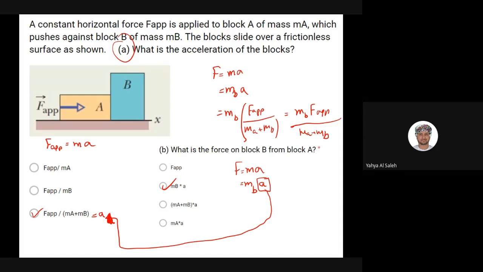Since this force is being applied here at the outset and these two blocks are together, you can think of them as a single big block. Because when you push block A, it will push block B, so both of them will move at the same speed, like a train. So you look at the total mass MA plus MB. Think of it like that.